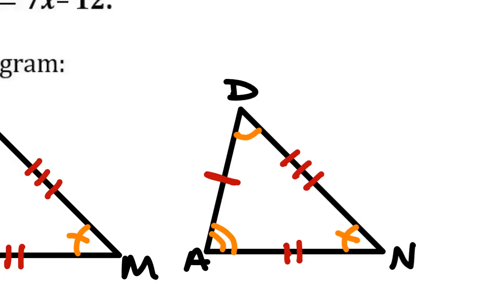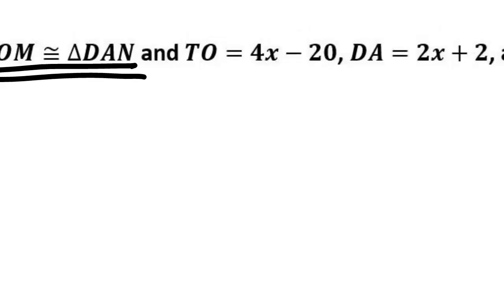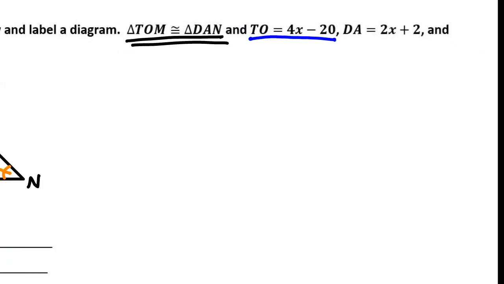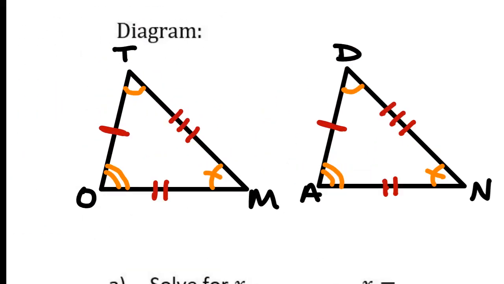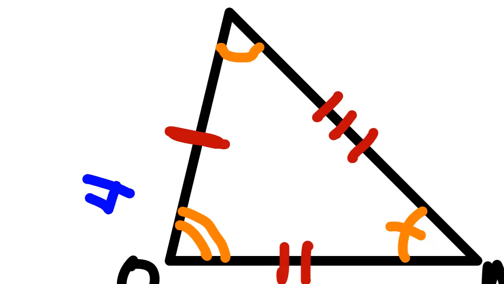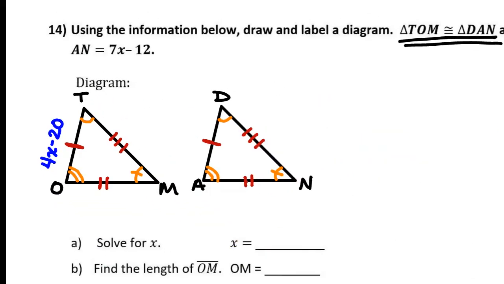It said, using the information below, draw and label a diagram. Now I can take the rest of the information that they gave me and add it to my picture. We have that TO is 4x minus 20. So this side right here is 4x minus 20.